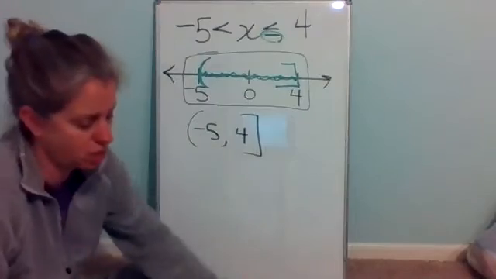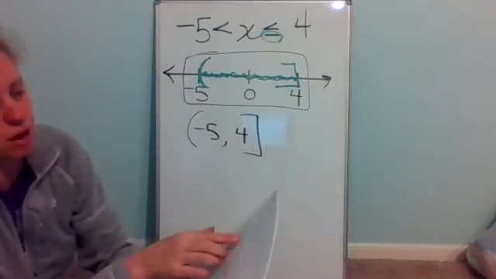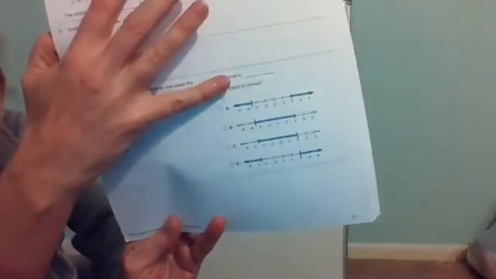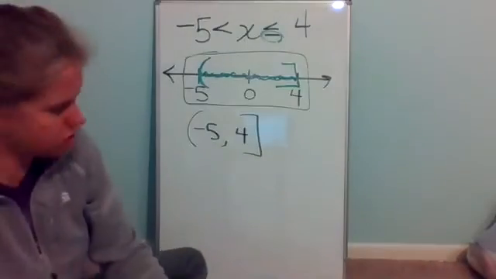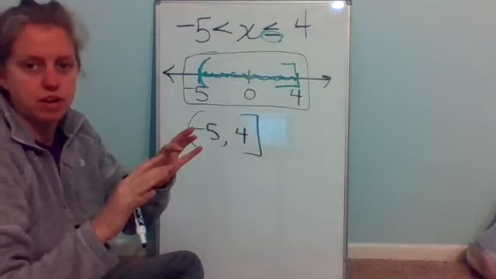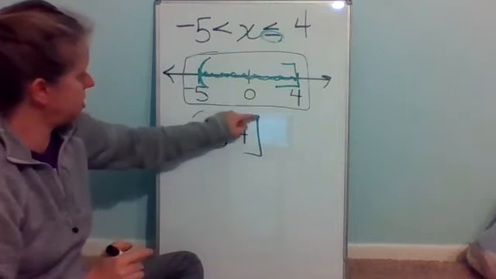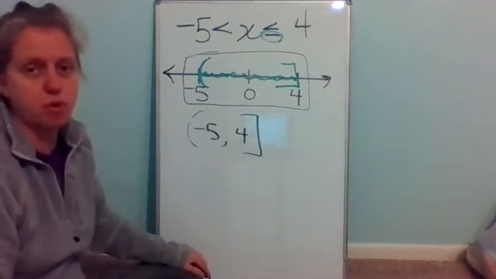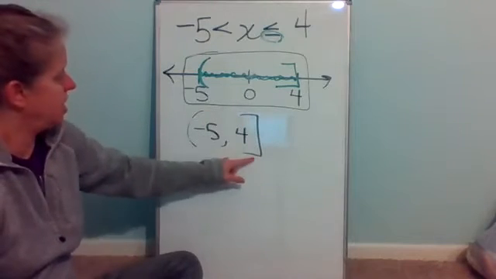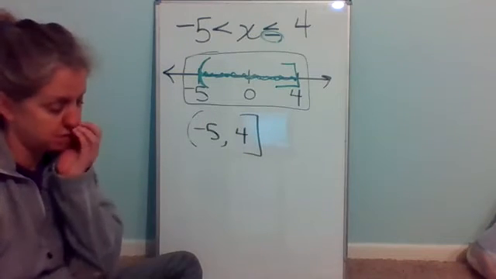That's the interval that it wants in this part of your answer. And when you're doing this, use the keyboard on your computer to type in the parenthesis and the bracket around those.